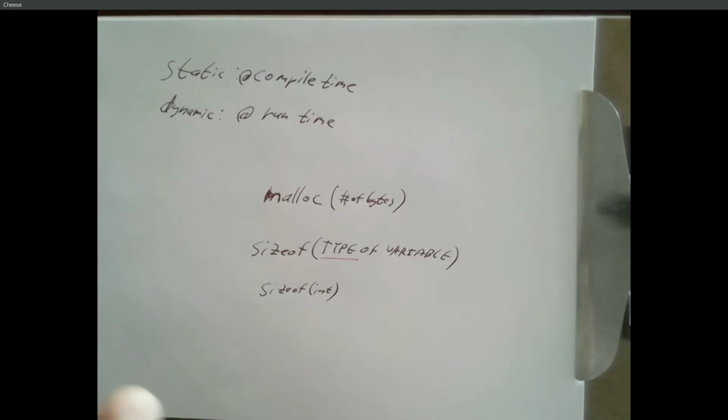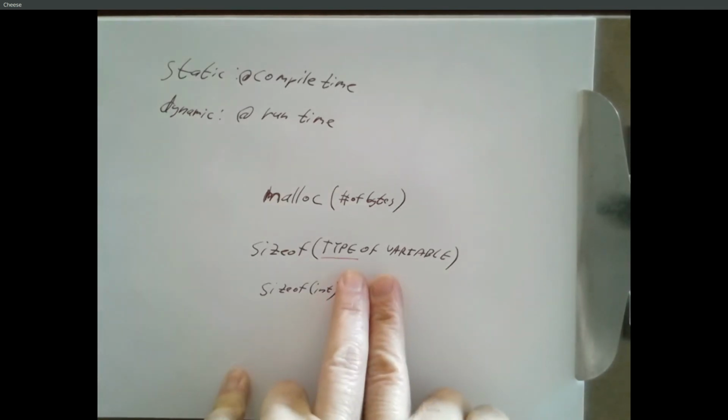Int, char, double, struct node star, int star. Those are all types of variables. So a type of a variable is something when you're declaring a variable, you say type space variable name: int space x, struct node space ll. Anything that you can put in there that defines the type of the variable, that's a good thing to put in sizeof. Variables themselves, don't put them in here.